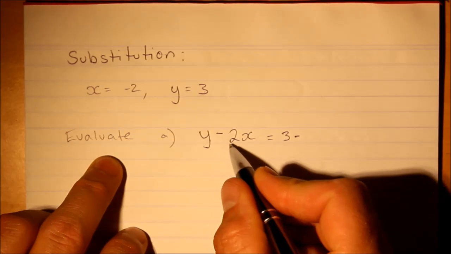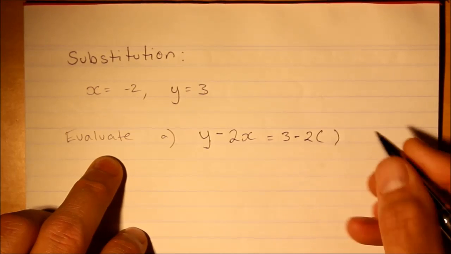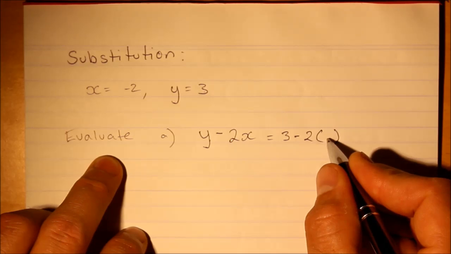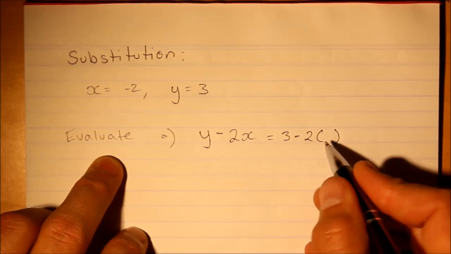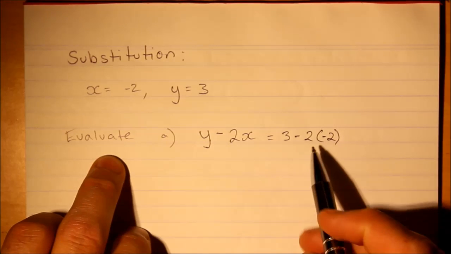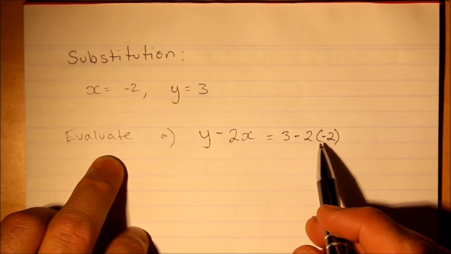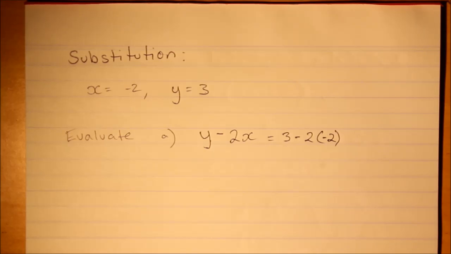So we have -2x, so -2, and instead of x we are going to put parentheses, and in place of x we're going to have the -2. Now the good thing about doing this is that we take care of this multiplication properly.